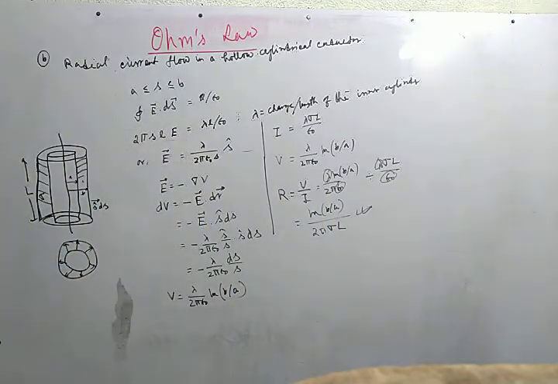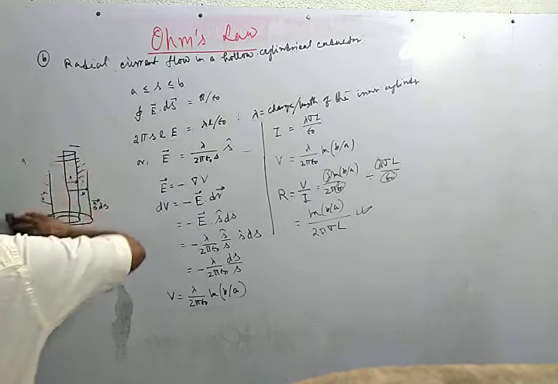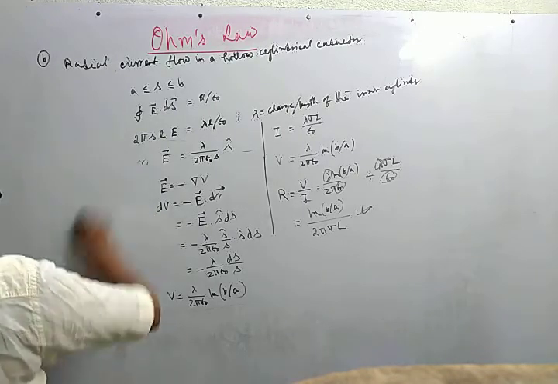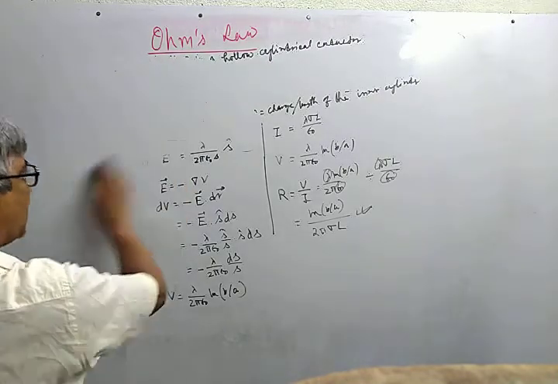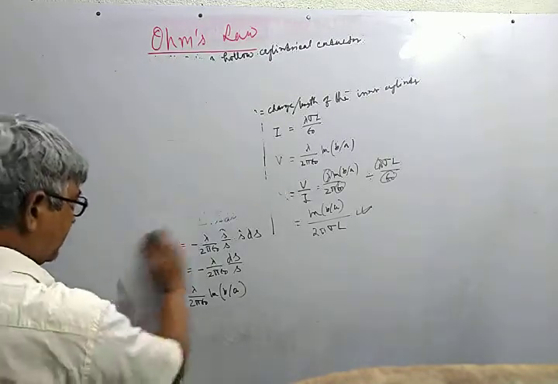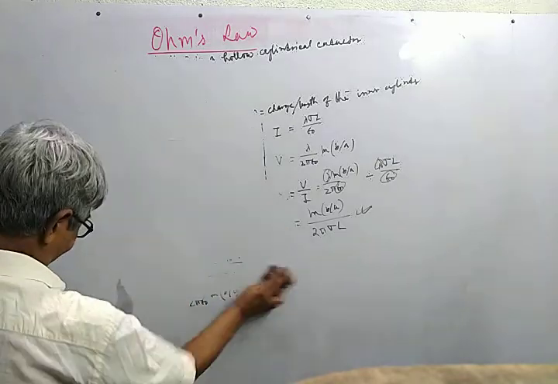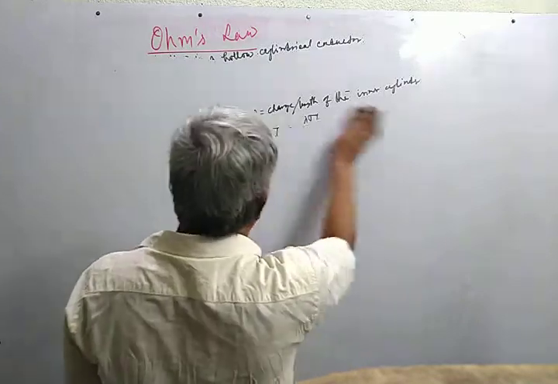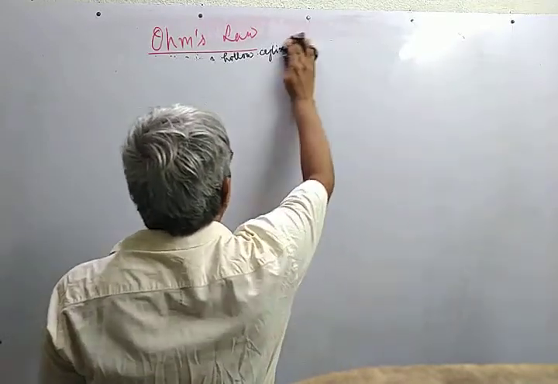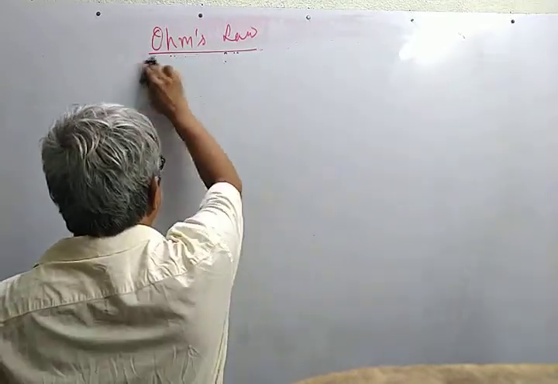As the last example, we consider the radial flow of current across a hollow spherical conductor of inner radius a and outer radius b. The case that I have considered here is the cylindrical hollow conductor. Now I am going to consider a spherical hollow conductor.